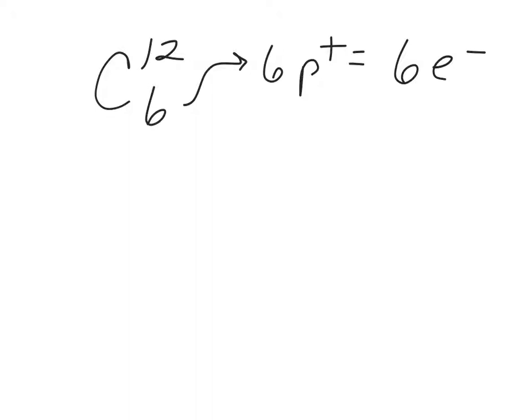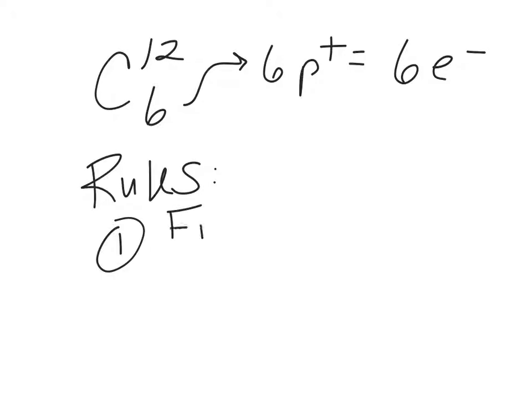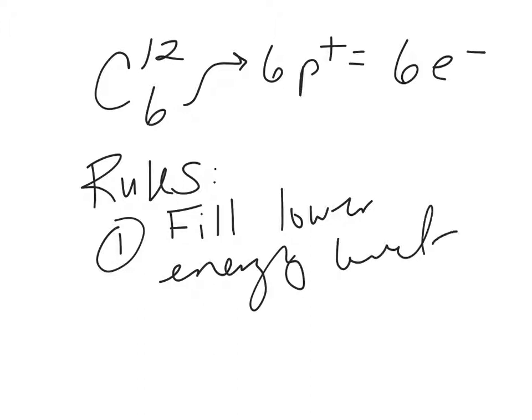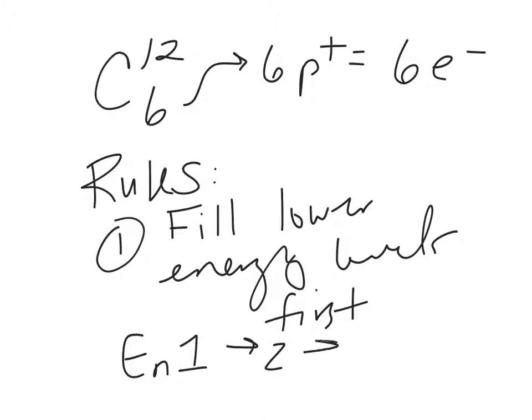So the first rule is that we fill up the lowest energy levels first. So we fill lower energy levels first. So that means we fill energy level 1, and then we fill 2, and then we fill 3, etc.